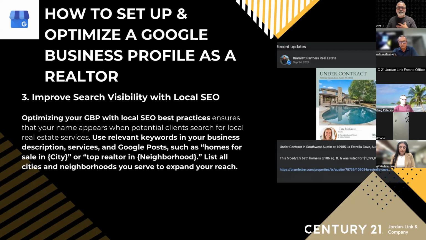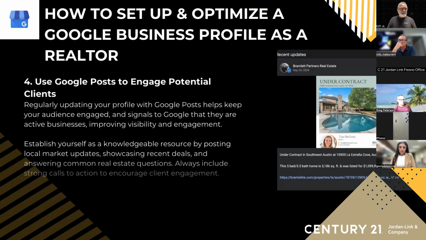Pheasant Ridge is my subdivision where I live, because maybe somebody's looking to move to Northwest Visalia, and that is one of the subdivisions that's very popular. Well, I want to mention that Pheasant Ridge neighborhood in my Google post because it becomes keywords. So focus on that. List names, cities, and neighborhoods if that's what you're going to do. So remember, when you optimize your listing, use relevant keywords.